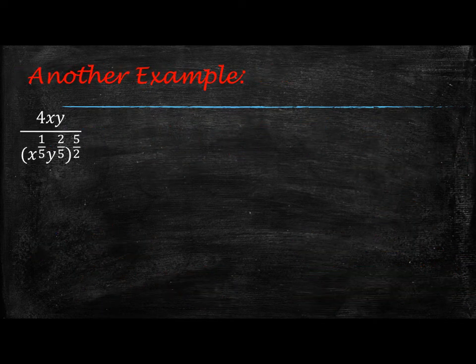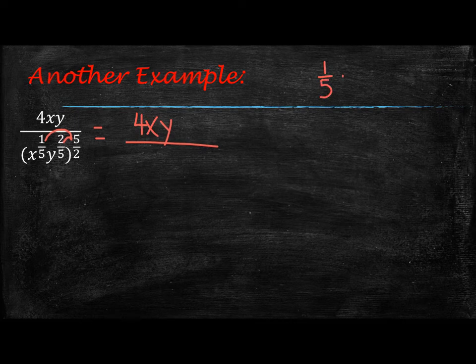Last example. It looks a little complicated because I have lots of fractions, but let's keep in mind our properties. 4xy, I'm going to leave that in the numerator, but when I have a power to a power, remember that power has to go to both of them, and you're just multiplying. When I multiply a 1/5 times a 5/2, those 5s cancel, so it's just 1/2. So the first one would be x to the 1/2.